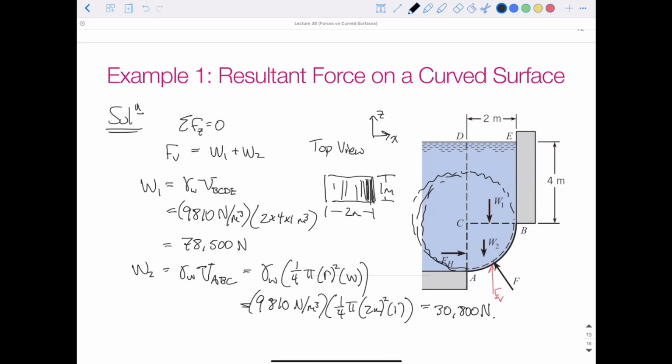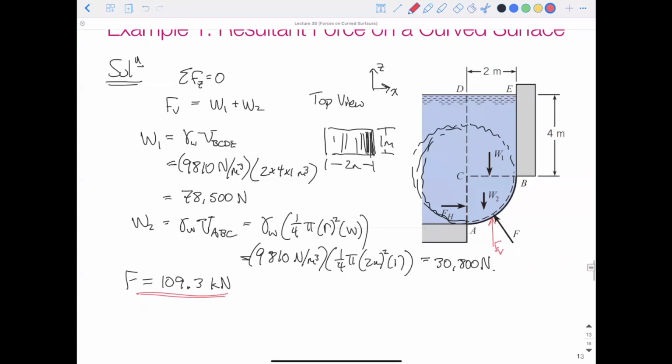So FV is going to be the sum of those two forces, and we'll find FV as 109.3 kilonewtons. We'll just write it in kilonewtons. So now what about the horizontal direction?